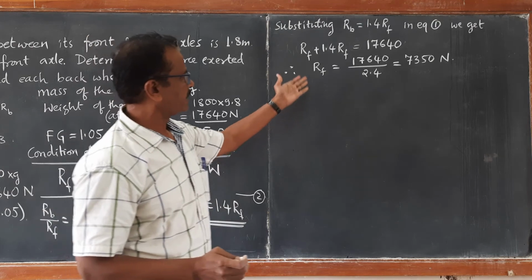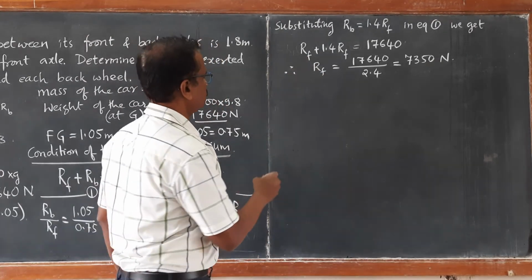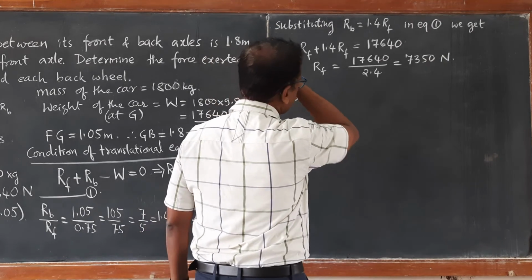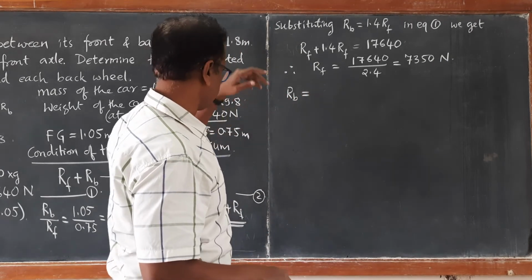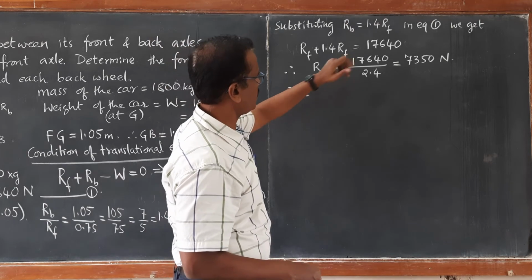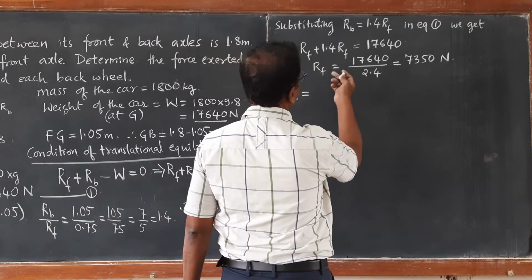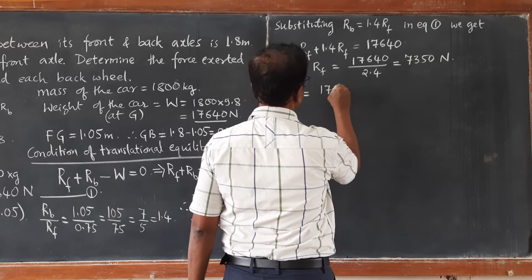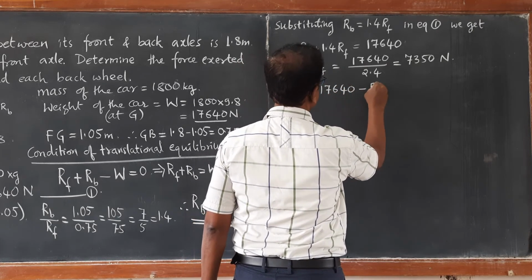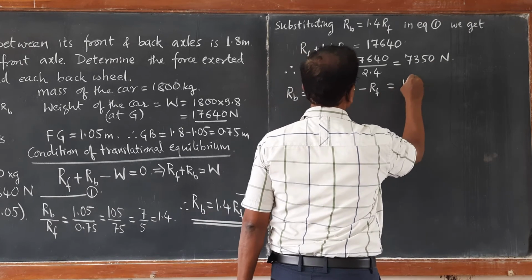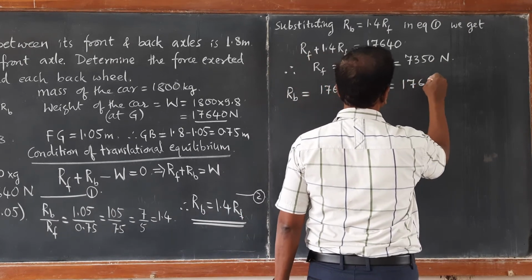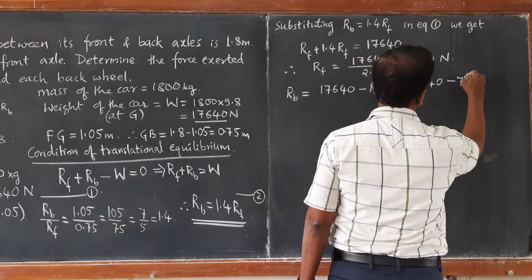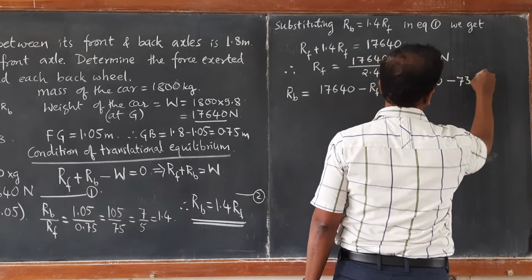Using this we can calculate RB. Using the equation RB equal to 1.4 times RF, or you can just calculate RB equal to 17640 minus RF, that is 17640 minus 7350.